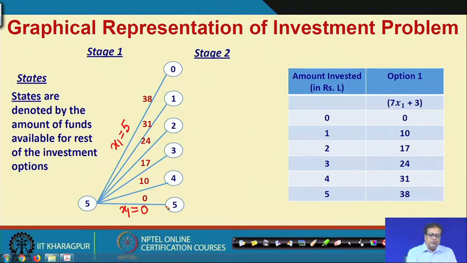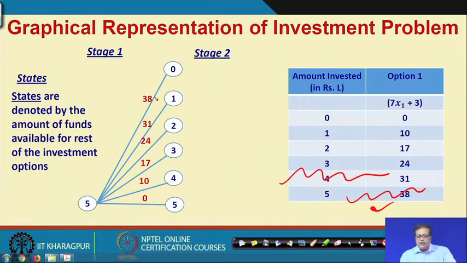Now you can understand the second one should be x 1 equal to 1, the third one will be x 1 equal to 2, the next one x 1 equal to 3, and the next one x 1 equal to 4, and the returns will be 0, 10, 17, 24, 31 and 38. That is how you move from stage 1 to stage 2.